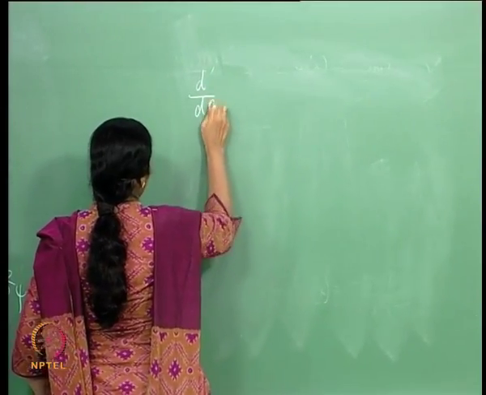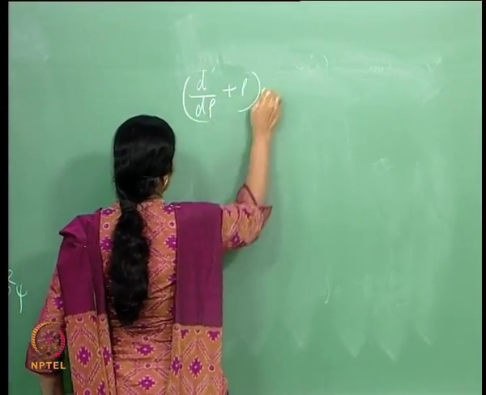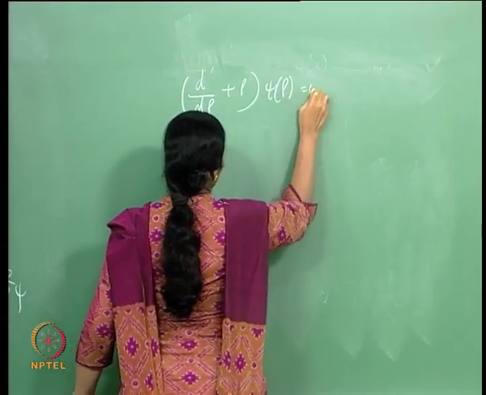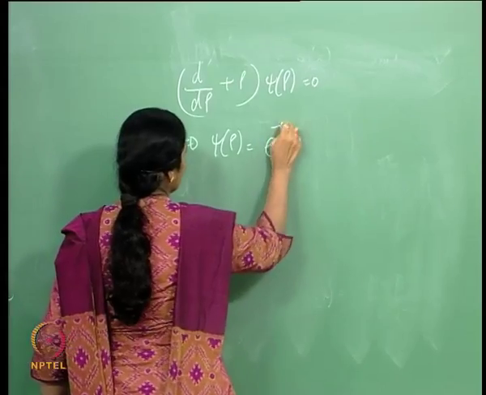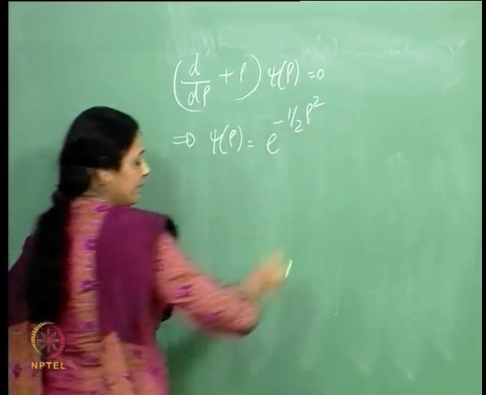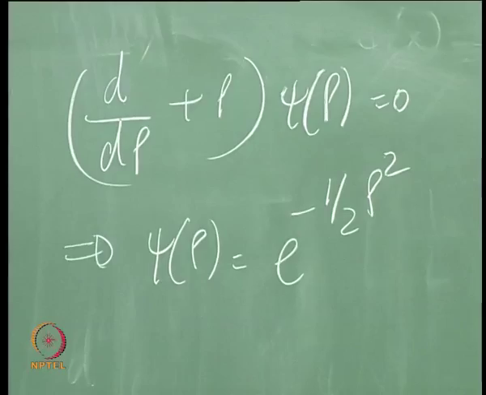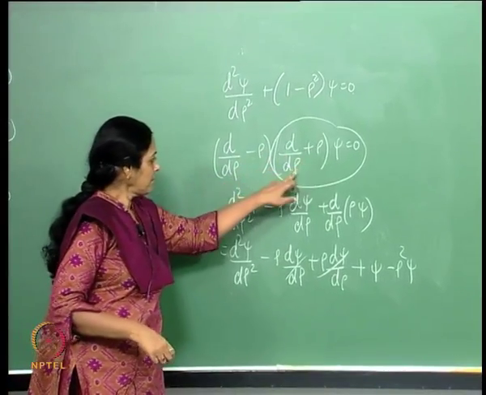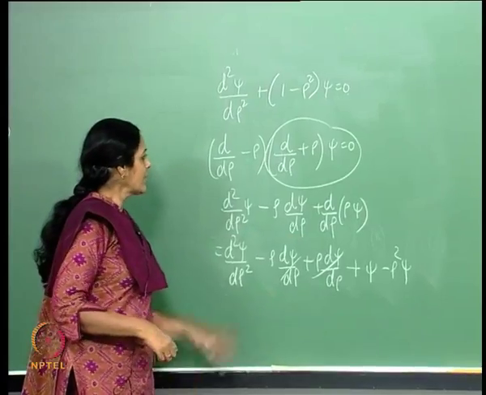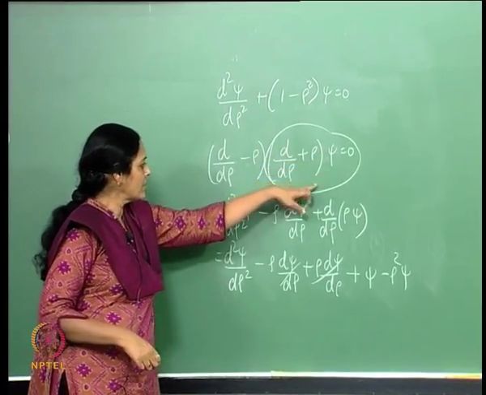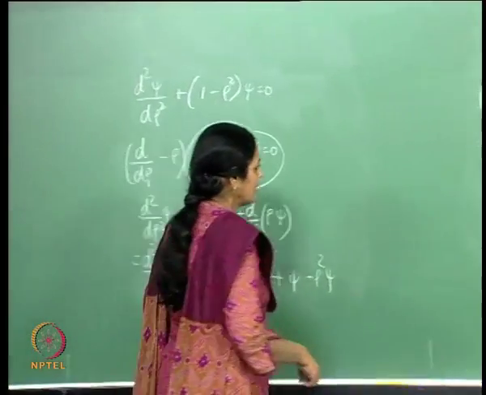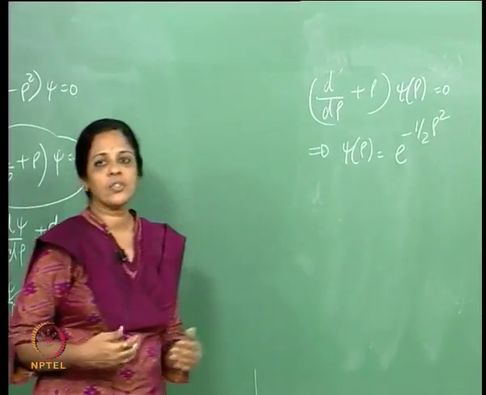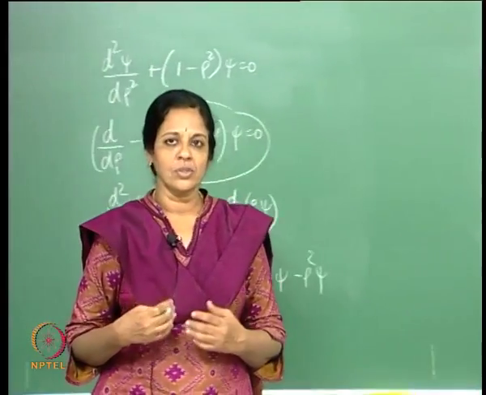So psi of rho is e to the minus half rho squared. And therefore, that is also a solution of this equation. Since psi is a Gaussian and it satisfies this first order equation, it also satisfies that equation. So I have a definite solution for lambda equals 1.